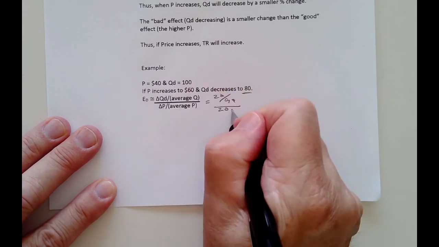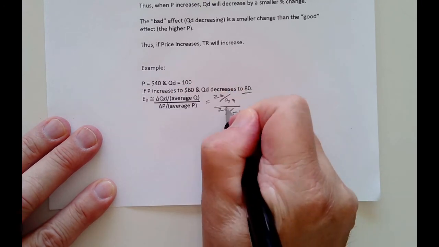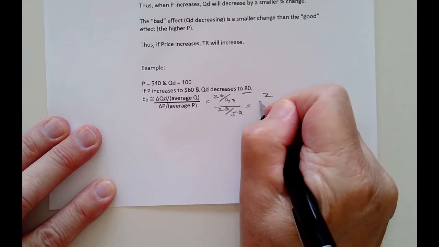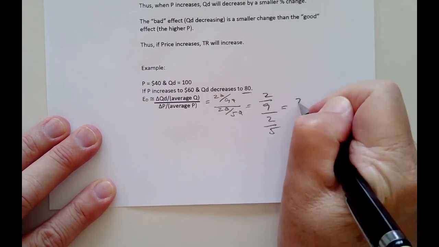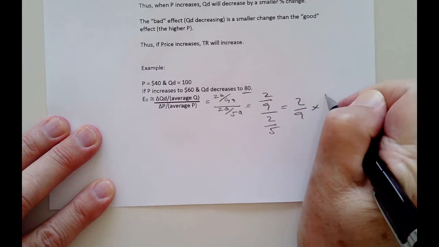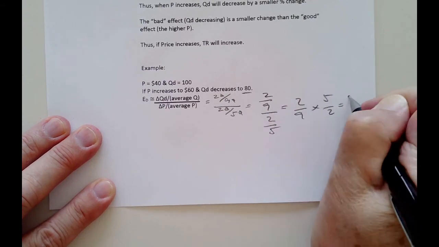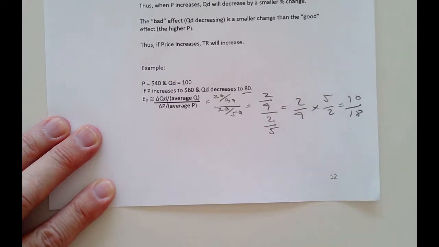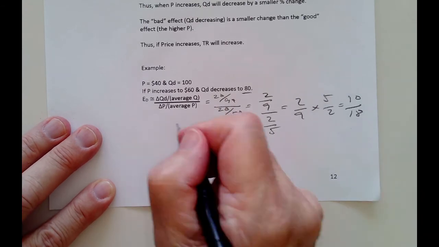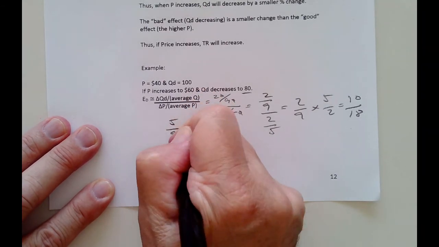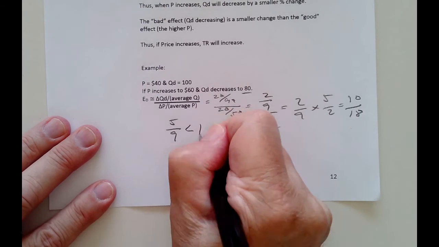And that'd be 2/5. So now we have 2 over 9 over 2 over 5, which is equal to 2 over 9 times 5 over 2, which is equal to 10 over 18. And if I divide both by 2, that'd be 5 over 9, right? 5 ninths. So less than 1, definitely inelastic.